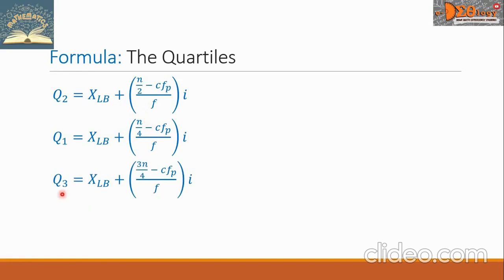For the third quartile, it will be almost the same formula, except on this portion. For the third quartile, we write 3n over 4. This value represents 75% of the distribution.